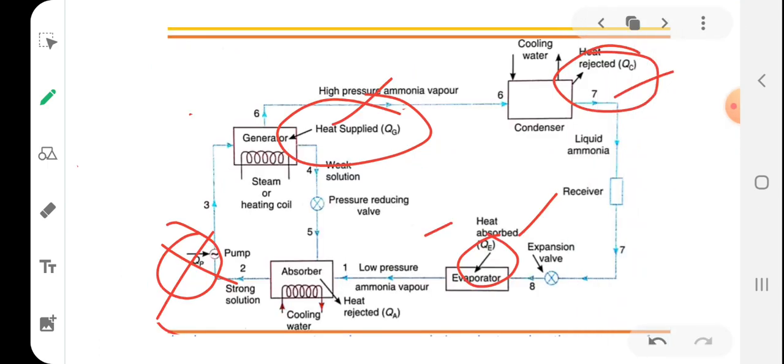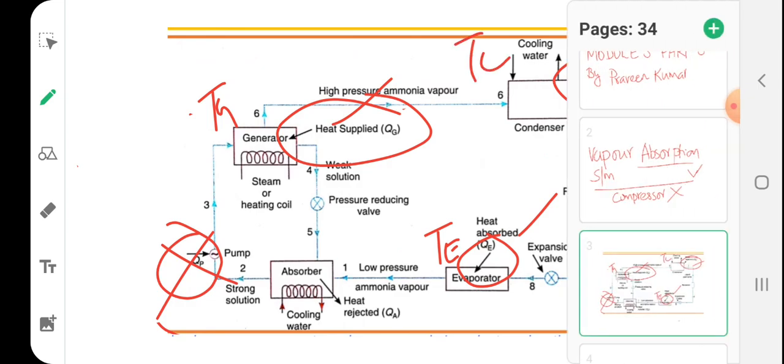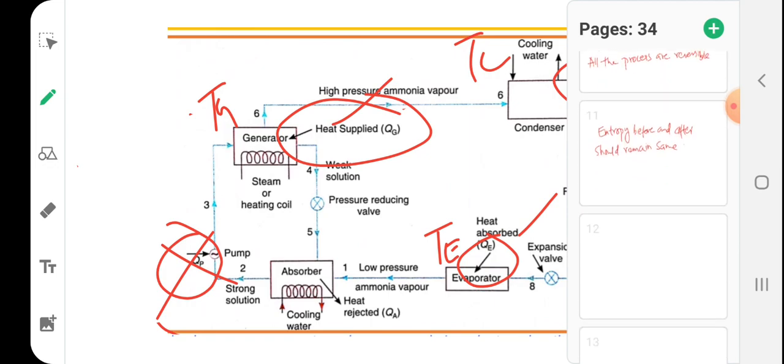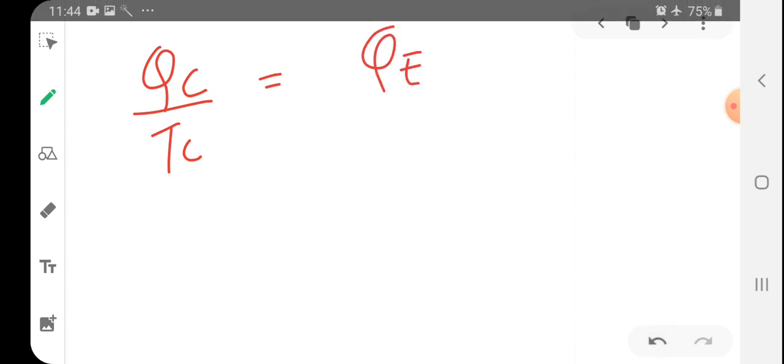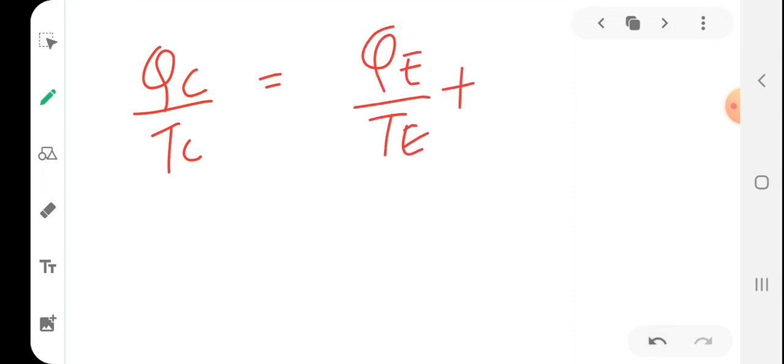If the temperature at the evaporator is taken as TE, at the generator as TG and at the condenser as TC, you can write the entropy at the condenser as QC by TC, since Q by T is nothing but entropy. It should be equal to QE by TE plus QG by TG, right?